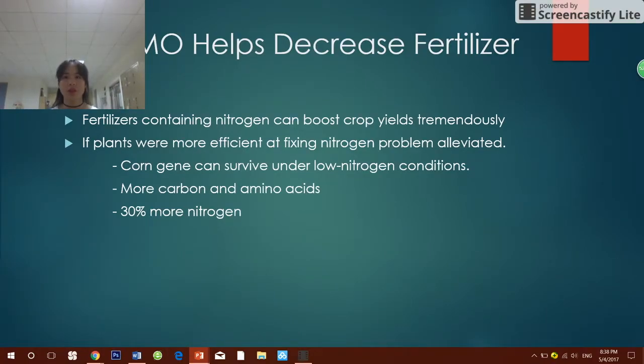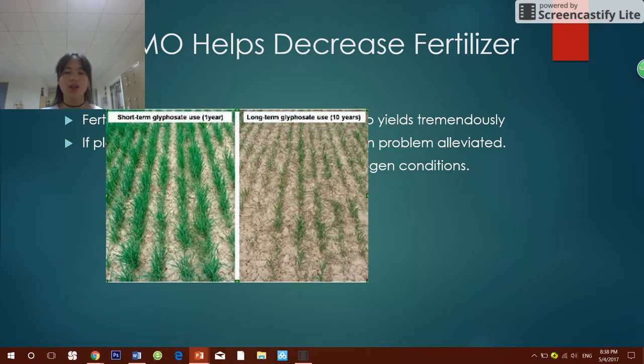The modified plants contain more carbon, amino acids, and about 30% more nutrients than control plants did. In addition, they grew well in soil containing 1/10 the amount of nitrogen that normal plants need to flourish. And this is a picture that shows a GMO plant and a non-GMO plant.